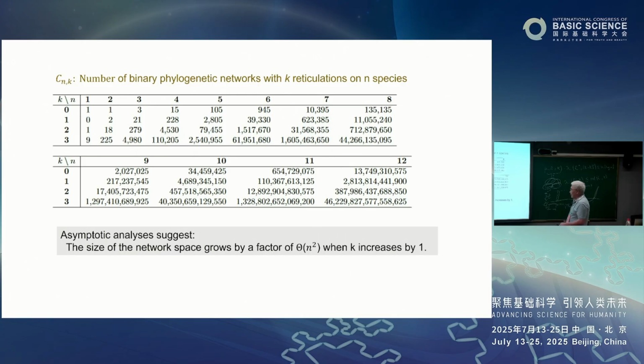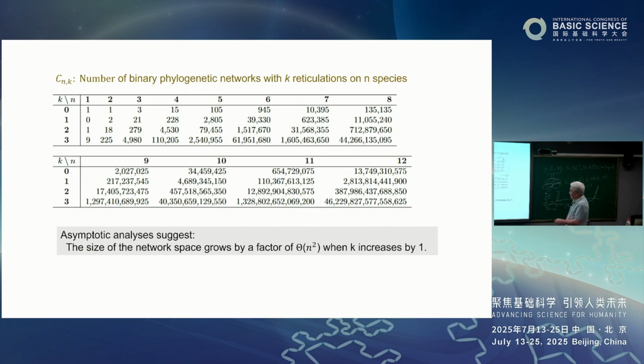Asymptotic analysis suggests the size of the network space grows by a factor of n squared when k increases by 1. For example, if there are 10 species, roughly, when you go from this number to this, there are 100 times more for the next row.